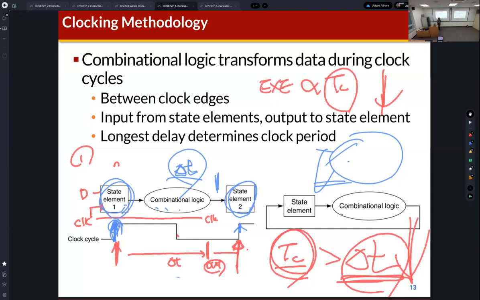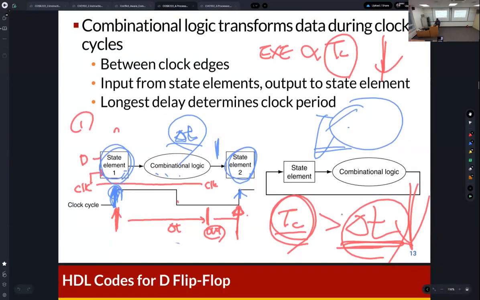As I mentioned, CPUs use clock signals. Most digital systems use clock signals to process digital data or digital signals.